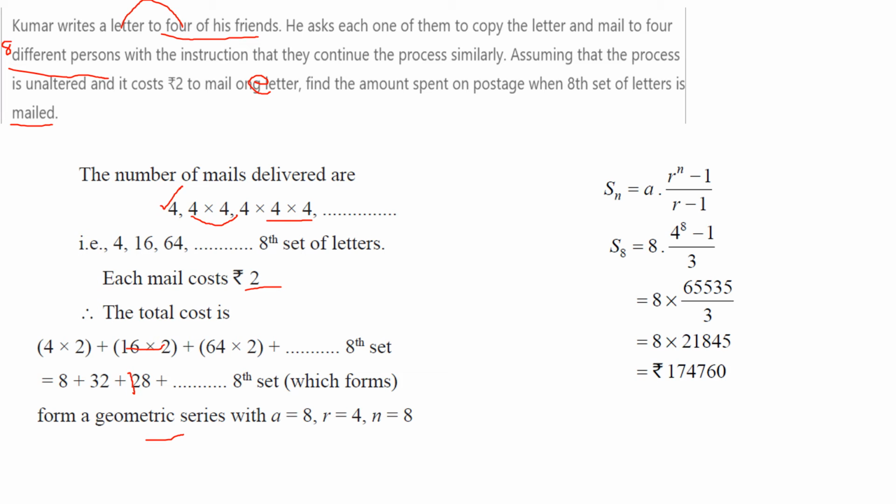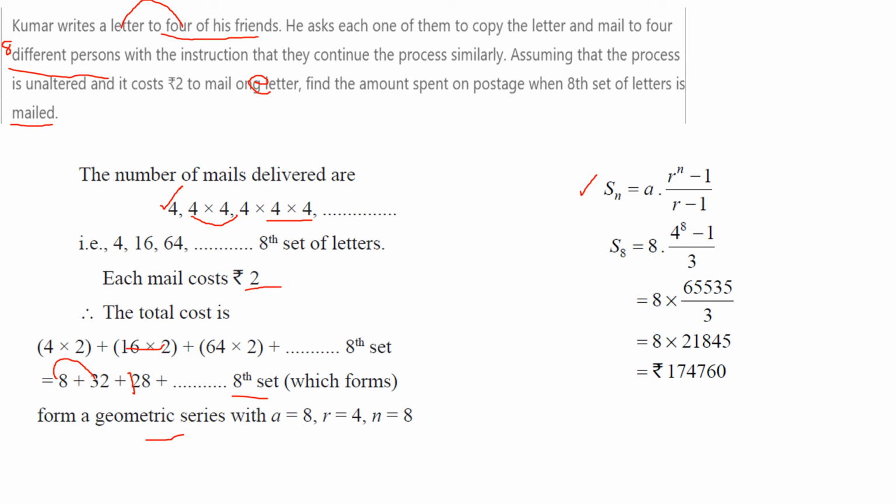Here A is 8, R is 32 by 8, 4, and n is 8. R is greater than 1, so you can use this formula: Sn equal to A into R to the power n minus 1 by R minus 1. S8 equal to 8 into 4 to the power 8 minus 1 by 4 minus 1, 3.